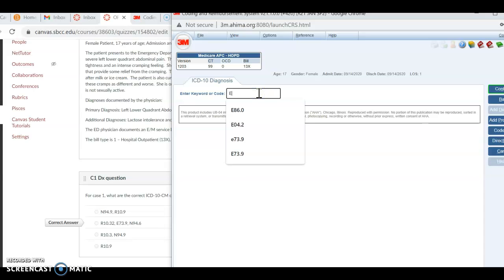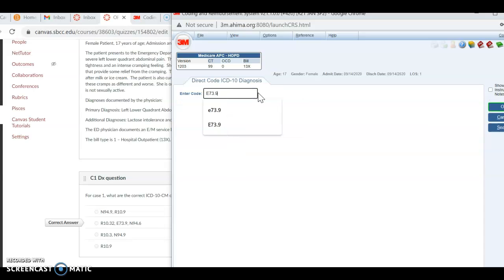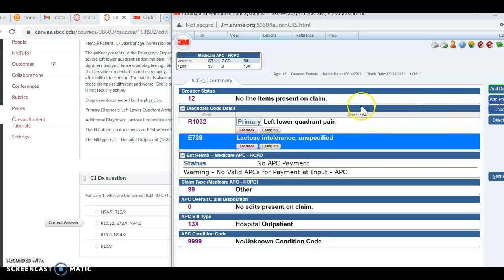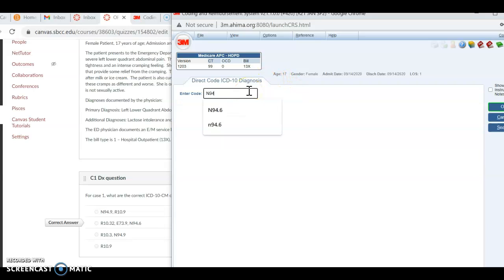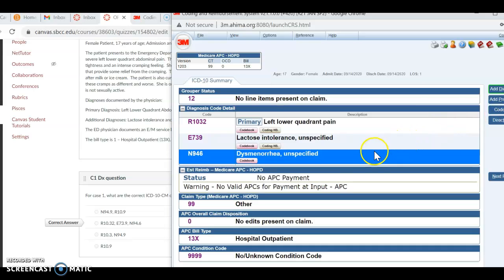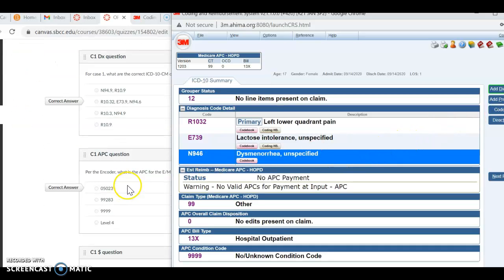Once again, you did need all 3 of these. All right, and then I'm going to put in the next one here. So we have N94.6. All right, so with that here, I have all my diagnosis in.